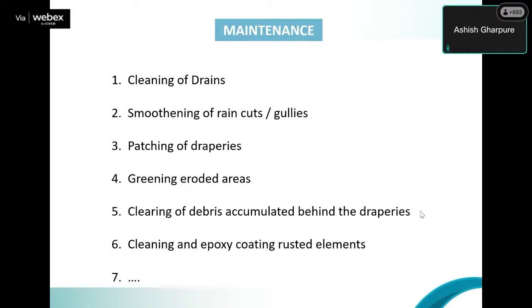Anchors are rusting or loosening. I can't list enough, but a proper maintenance schedule can be drawn and practiced, because this becomes the essence for the longevity of the road. So next, please.